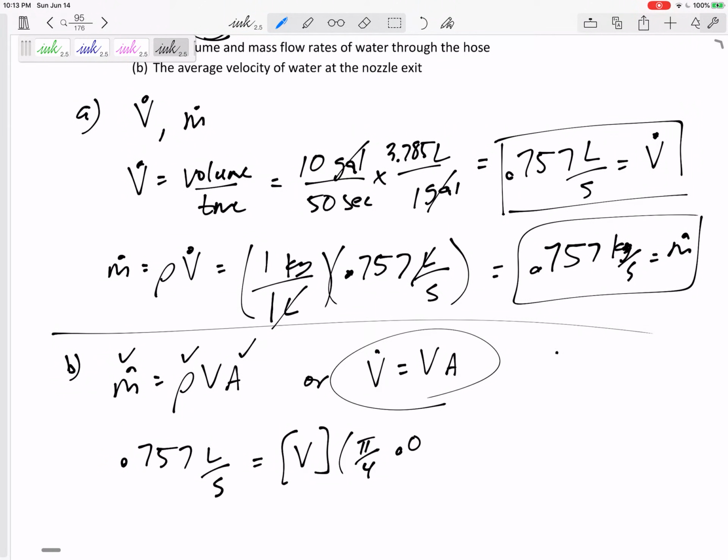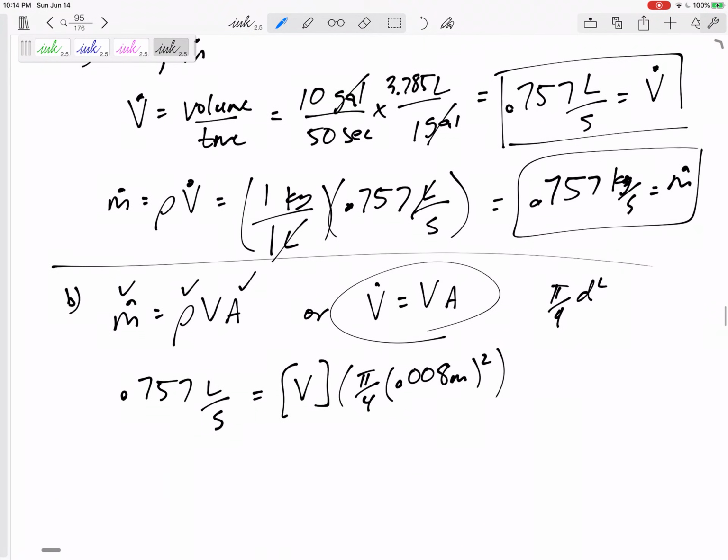All right, let me think about these units here. This would be pi by 4 diameter squared. So yes, this would be 0.008 meters. Square that right there. Okay, but would these units work out? On the left-hand side, I would have liters per second.